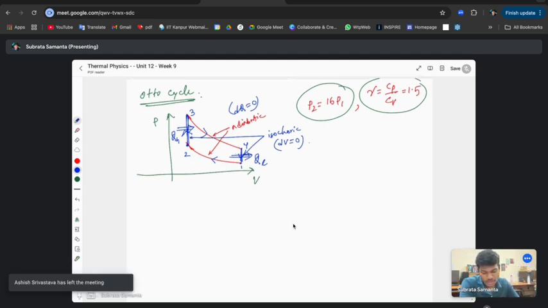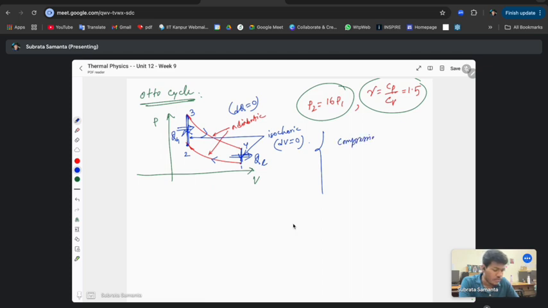So in this Otto cycle, you have to calculate the compression ratio. The compression ratio R for this cycle is basically V1 over V2.